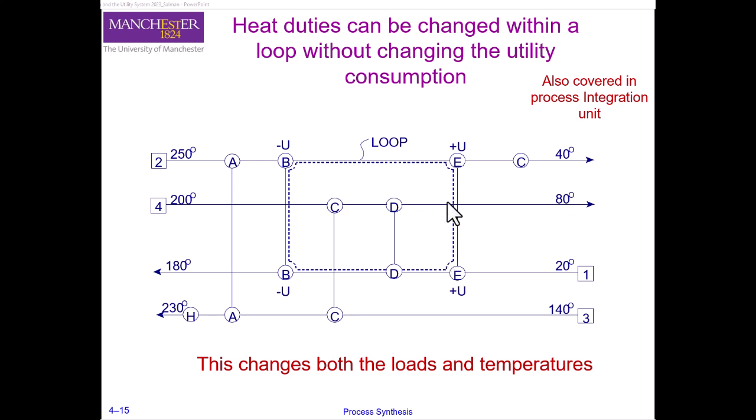Okay. So within a loop, although the energy consumption is fixed, we can still shift the heat load from one exchanger to another exchanger, and by doing that we can change its area or the temperatures around it. So that is again a degree of freedom that we can use in order to reduce the cost of our heat exchanger area, okay.